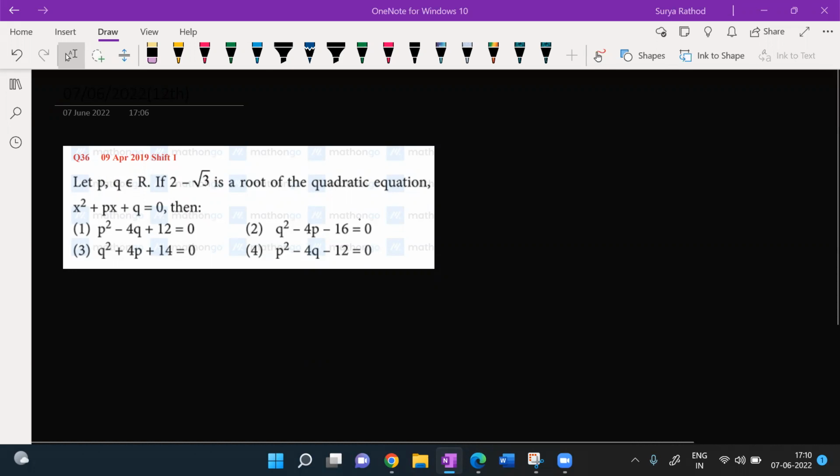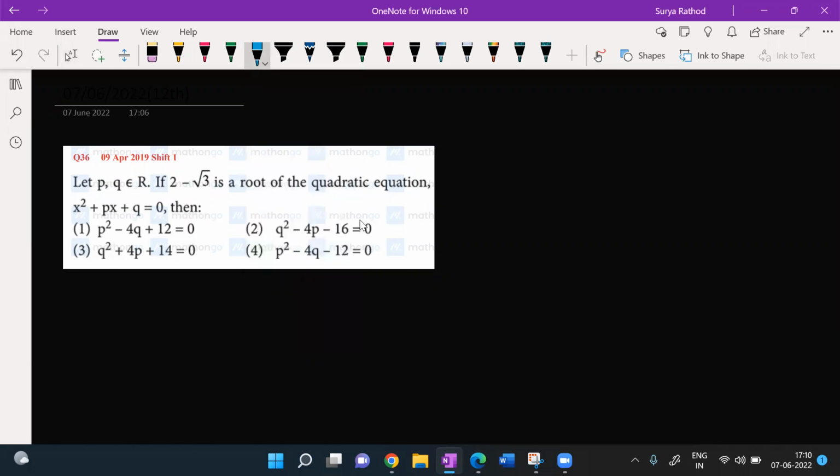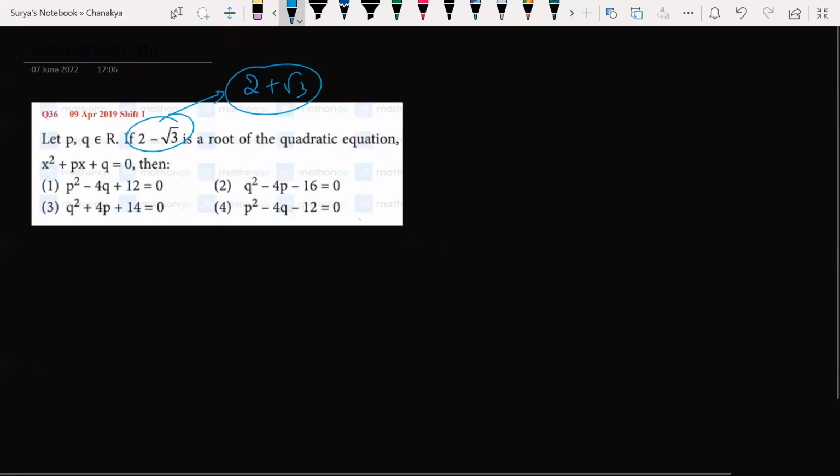Guys, I told you when I was discussing in the first class, if 2 minus root 3 is one root, the other root is going to be 2 plus root 3. Correct? This is one root, this is the other root. Now, by using this, what is my idea here? Look at it here: x square plus px plus q is equal to 0.